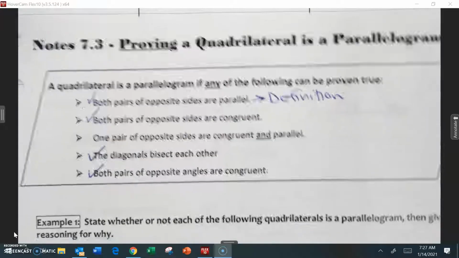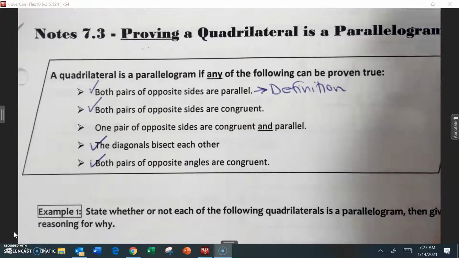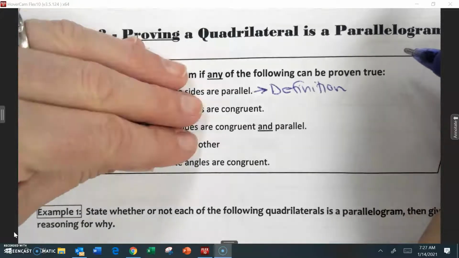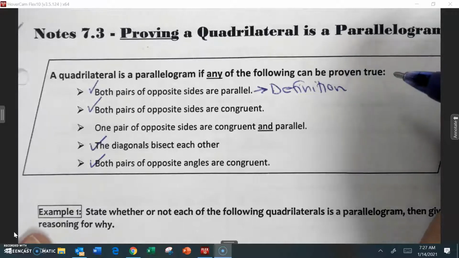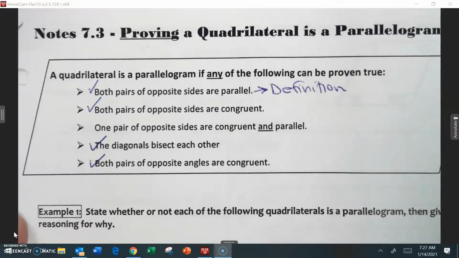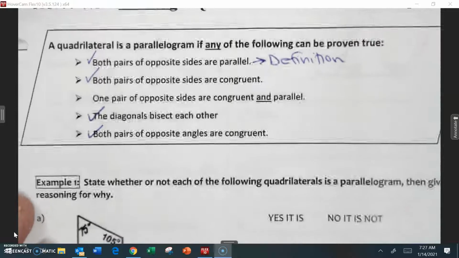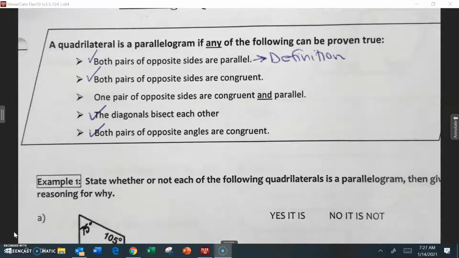Because these are the 5 things that if you can prove one of these, then you have a parallelogram. What property have we talked about that is not going to be okay to use to prove that a 4-sided figure is a parallelogram?